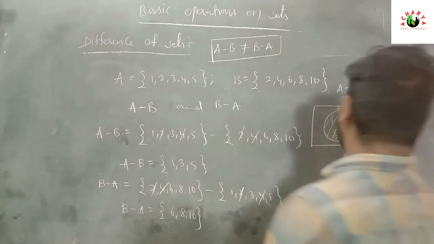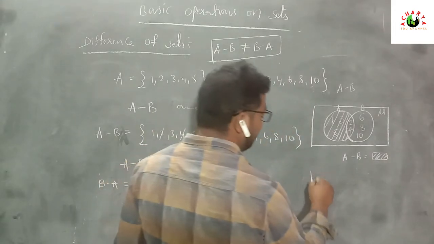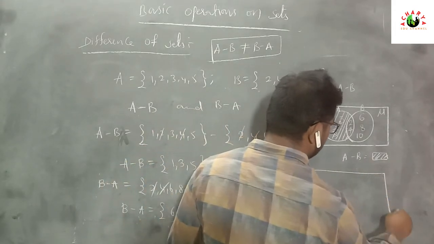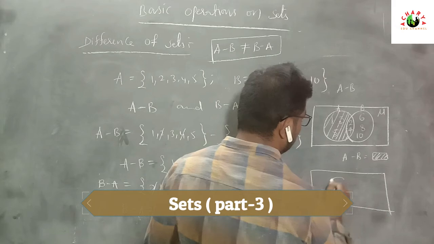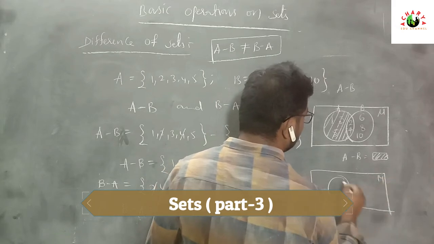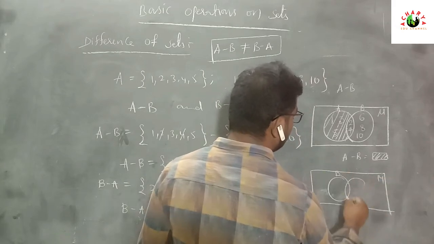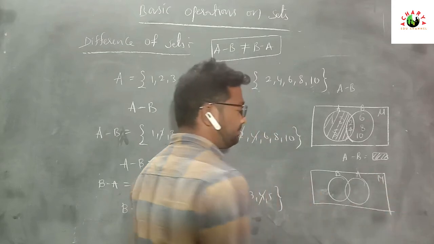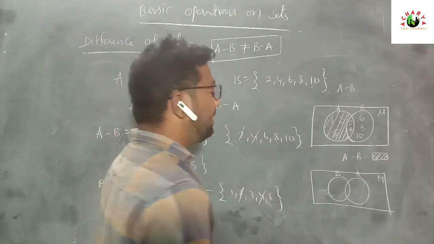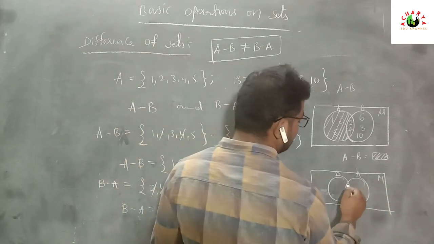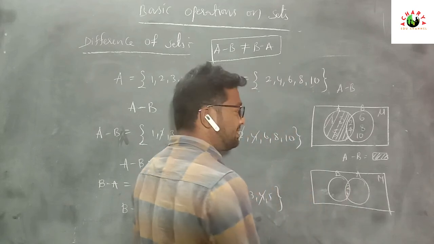Next, coming to B minus A. B minus A also uses the same rectangular box. Here we write the mu symbol, first B and the second one A. See here, the intersection part is 2 4, same as before.